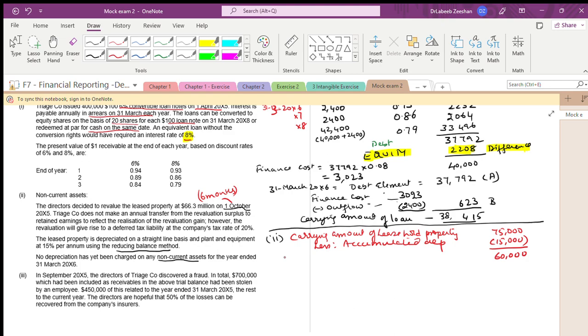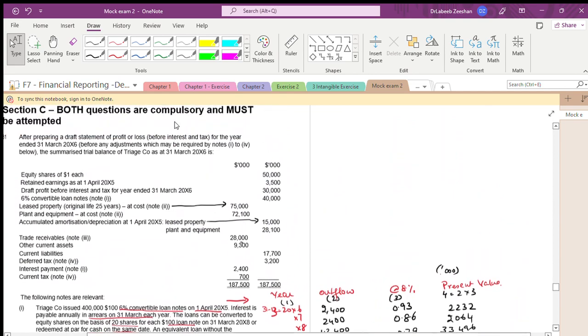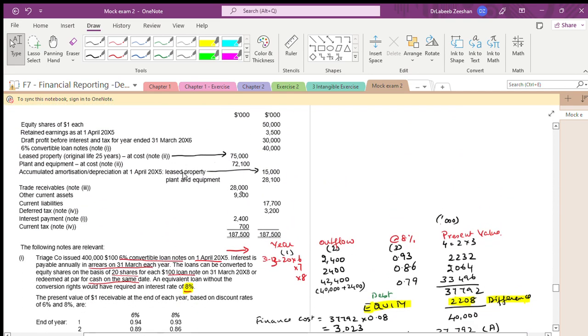Fine. Does the question say anything about leasehold property? No. Retained earnings, draft balance sheet. Leasehold property. See the things. Here it is given.